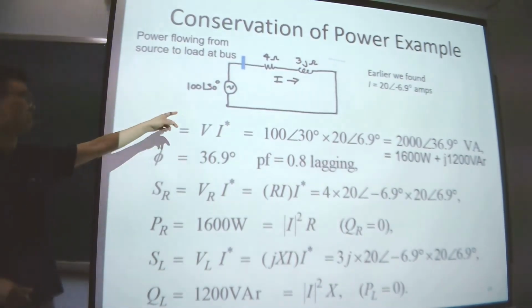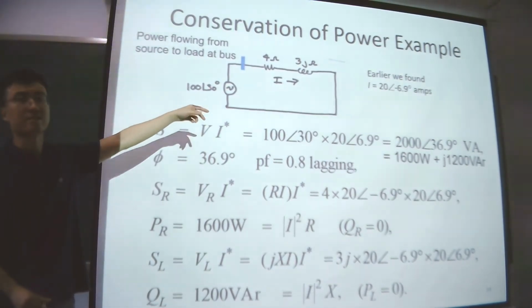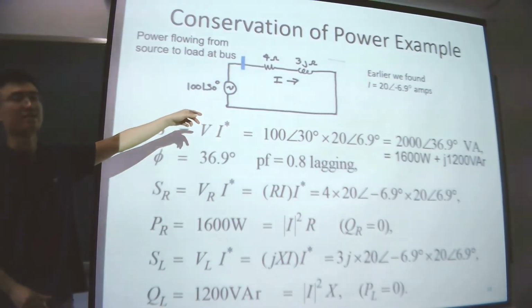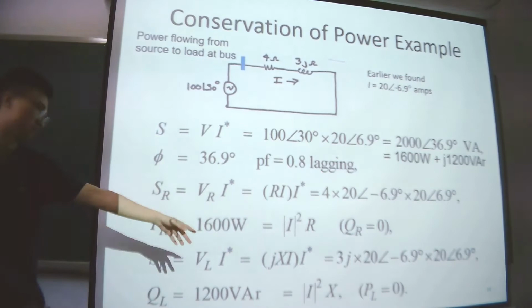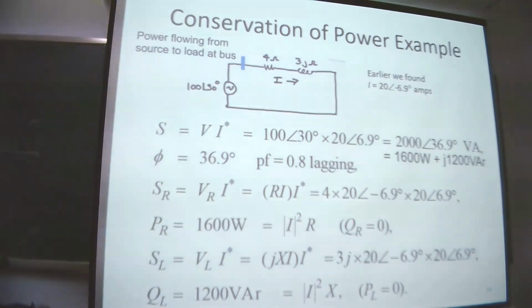So in this circuit, the inductor does not make any active power. As you see, this inductor does not make any active power or real part, it only has reactive power. We would say that this inductor is here just to waste energy, because it does not make any effort here.